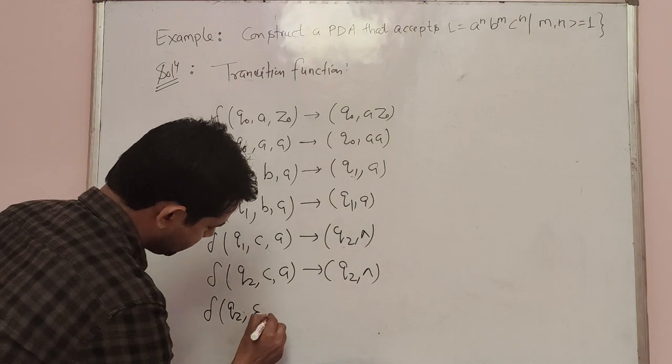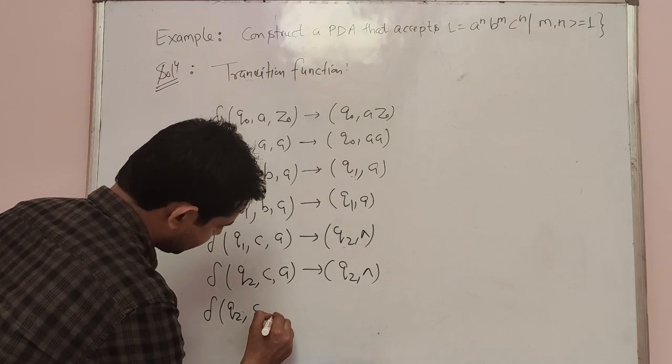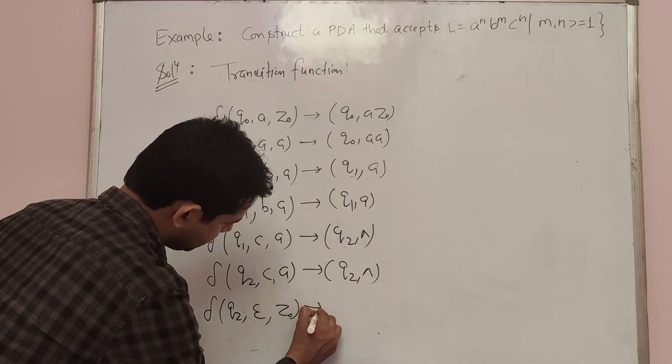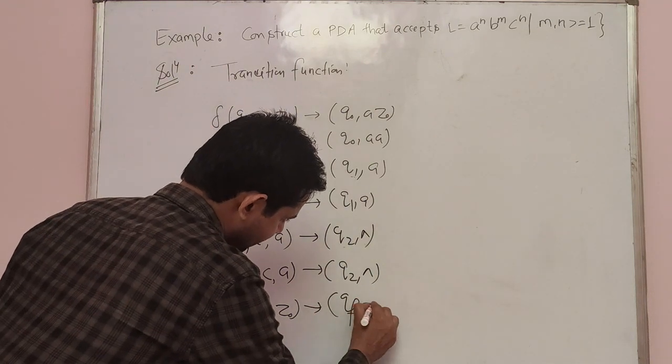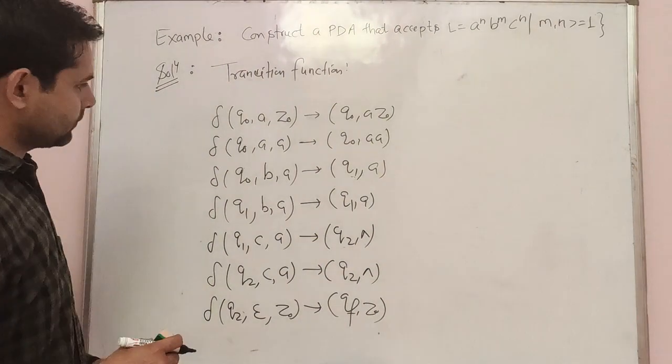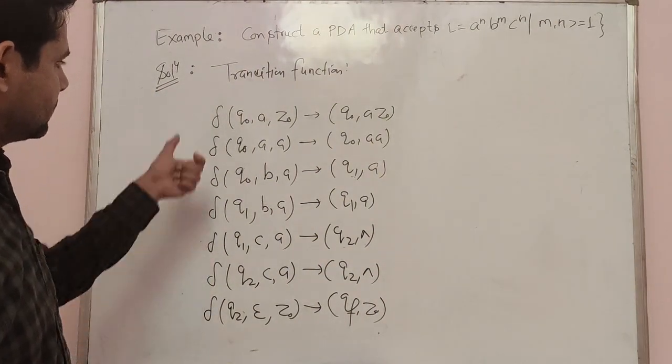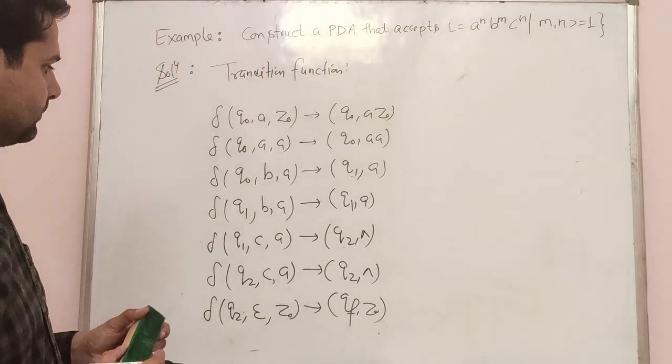If we don't have any input symbol, it is null, and the stack top is Z0, then we can move to the final state Qf, Z0, right?